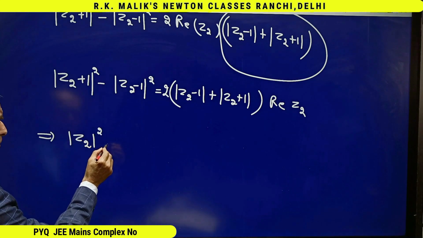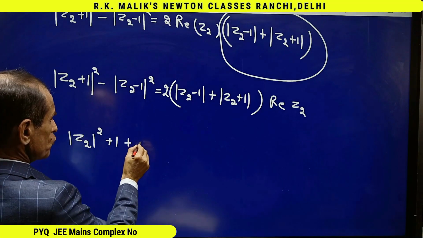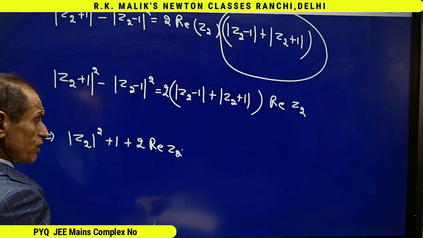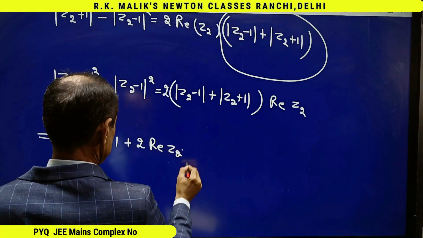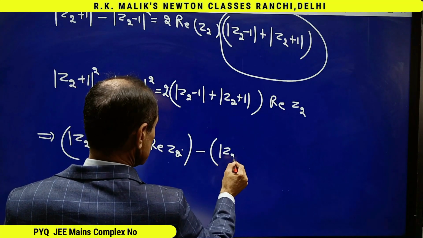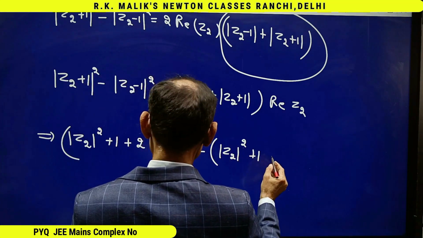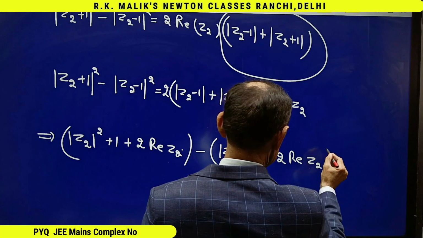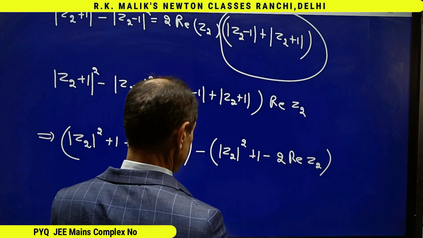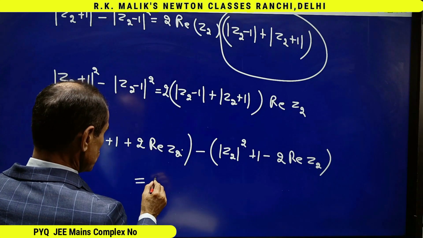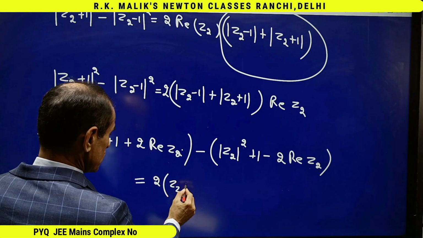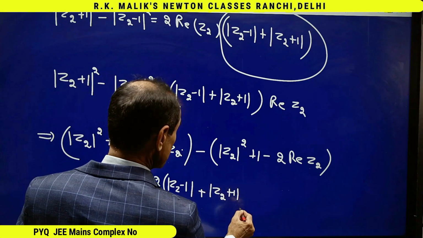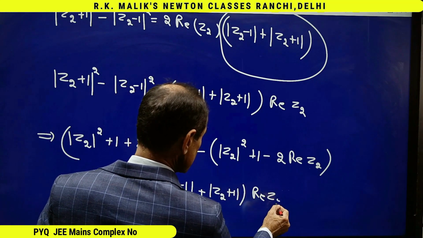This implies that mod Z2 square plus 1 plus 2 times real part of Z2 into 1 bar is 1, minus mod Z2 square plus 1 minus 2 times real part of Z2 into 1 bar is 1, is equal to 2 into mod of Z2 minus 1 plus mod of Z2 plus 1 into real part of Z2.